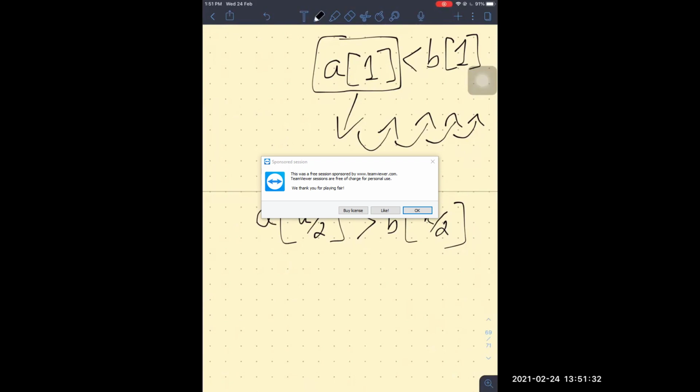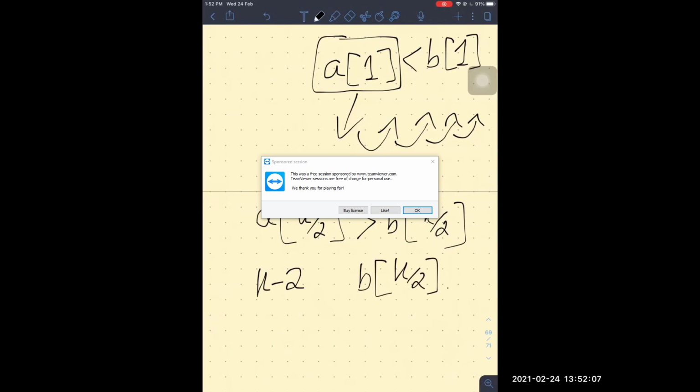Suppose A[k/2] is greater than B[k/2]. Then we will know that the union of those two arrays A and B will have k minus 2 elements that are smaller than B[k/2].